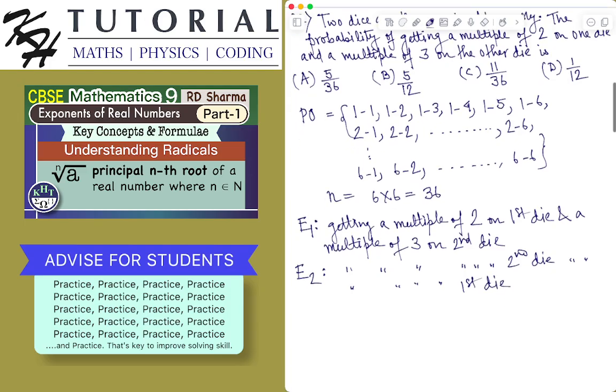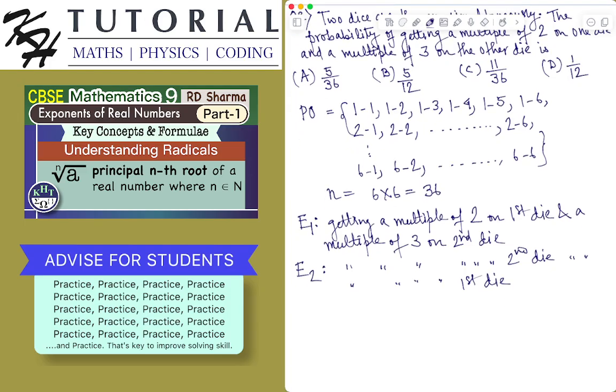So event E1 is that the first die will show a number which is a multiple of 2 and the second die will show a number which is a multiple of 3. And the event E2 is that the first die will show a number which is a multiple of 3 and the second die will show a number which is a multiple of 2.